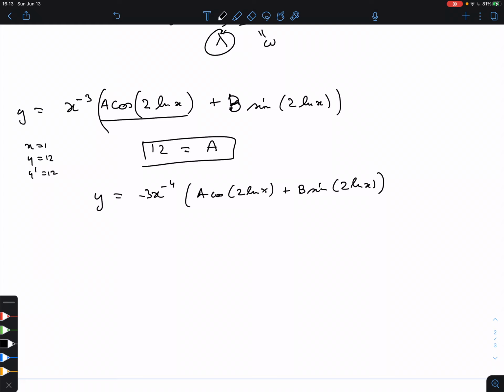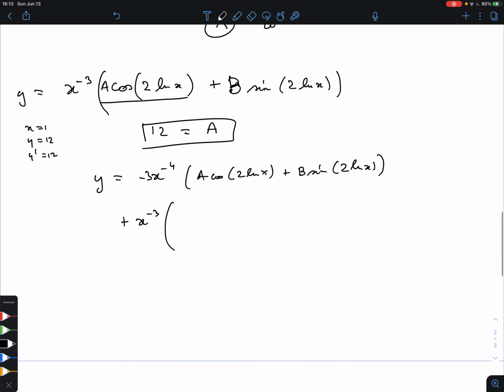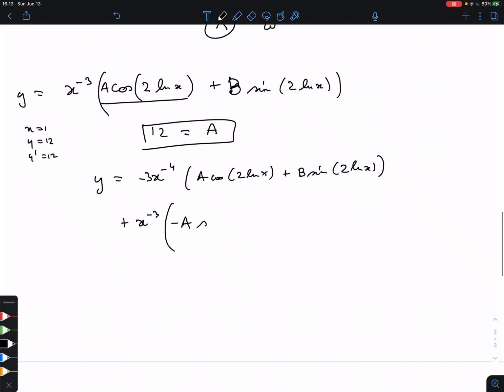Plus, now I copy the first factor and take the derivative of the second one, but there is an inside function, so we get a times the derivative of cosine, which is minus sine 2 ln x, plug in the inside function, and then multiply by the derivative of the inside function, that is 2 over x. And the same here with b: the derivative of sine is cosine, plug in the inside function, and then multiply with the derivative of the inside function, 2 over x.